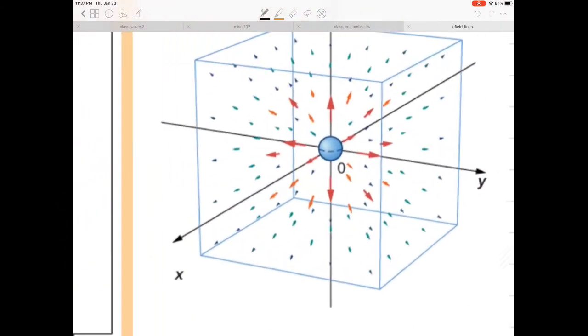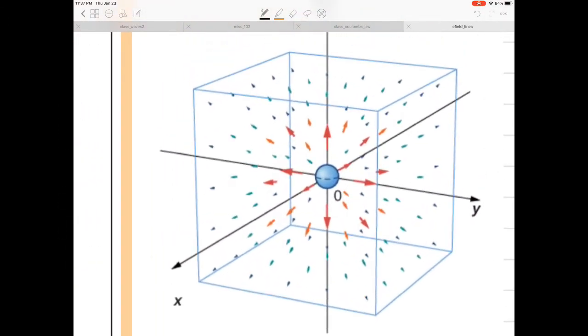Over here we have pretty much the same picture. We have now a 3D representation because the previous was just a 2D projection. But again, we must have a positive charge here in the center because all of those electric field vectors are pointing away from that point. Okay, so electric field is a vector.